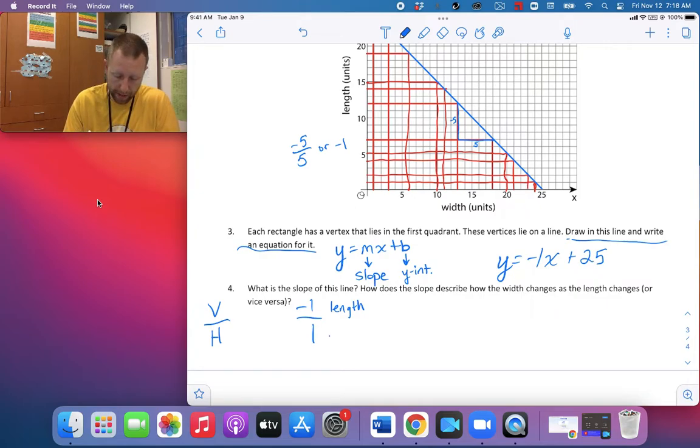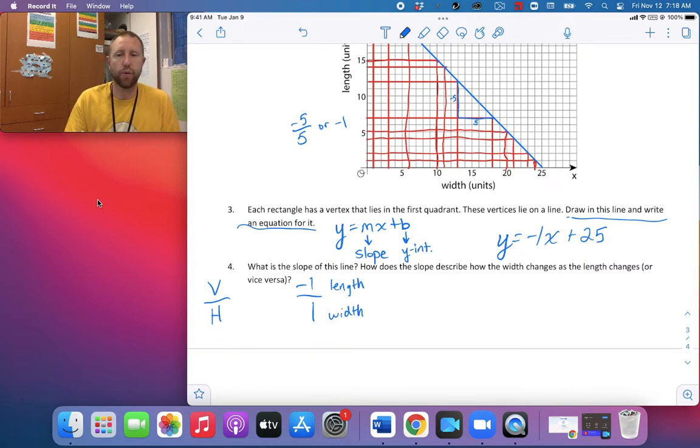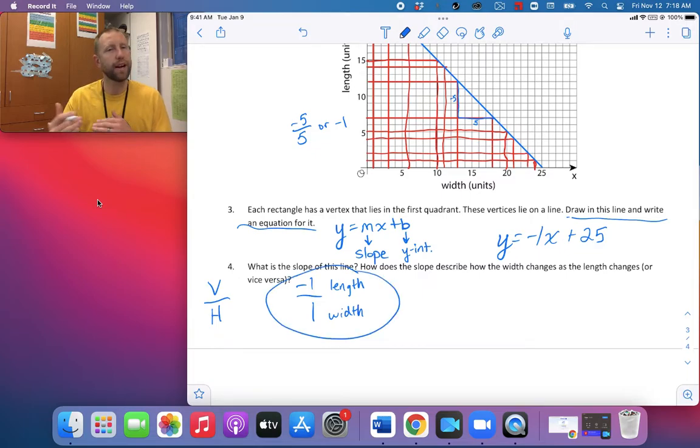That's the width. So what is that saying? It makes it easier when I write it as a fraction to see this. It's saying the length goes down 1 when the width is a positive 1. So the length decreases by 1 every time the width increases by 1. Do you see how I got that from that slope? When I write it as a fraction, it makes it a little bit easier to see what it is actually describing.